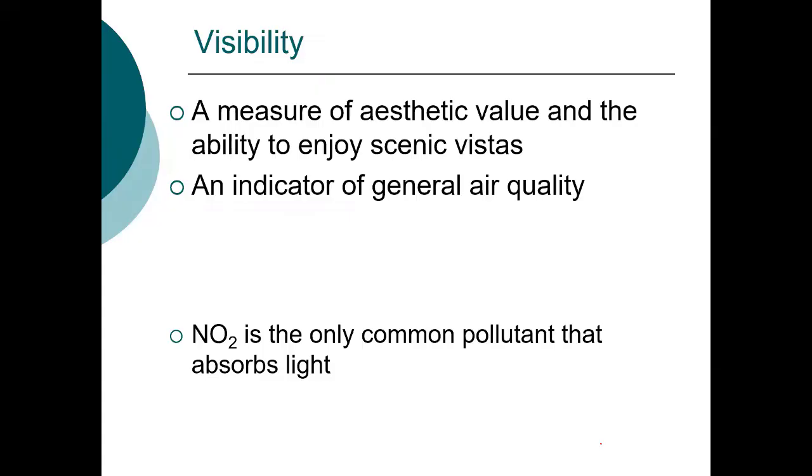Lastly, I just want to mention visibility briefly. Visibility is a measure of the aesthetic value and the ability to enjoy scenic vistas. It's basically the greatest distance that an object can be seen. So you can talk about a visibility of a mile, or 3 miles.